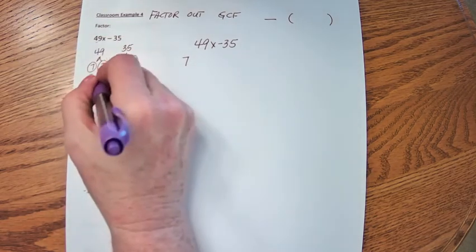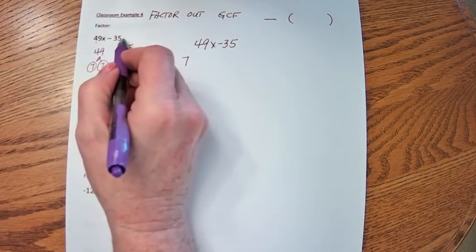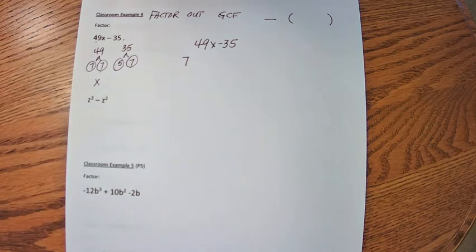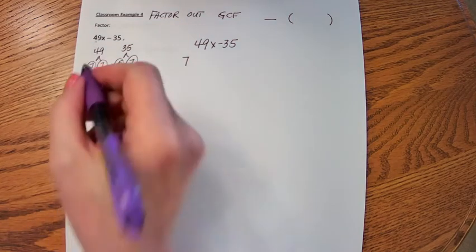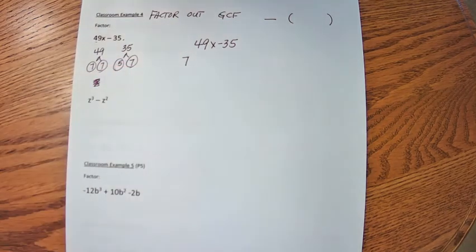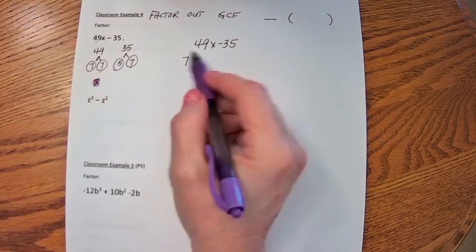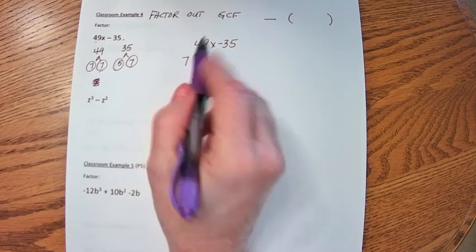Now how about the variables? This has an x to the 1st, and this doesn't even have an x. So x is not common. So never mind being greatest, it's not even common to both terms, which means my GCF for these two terms is 7.